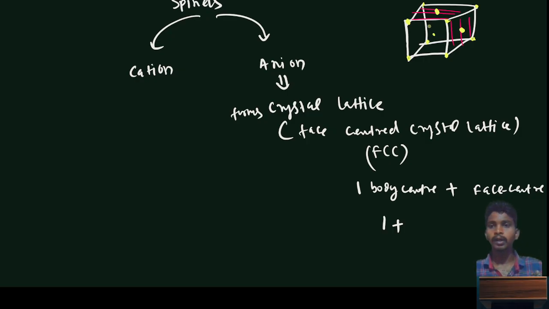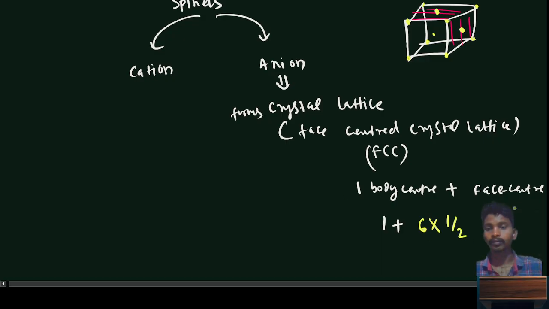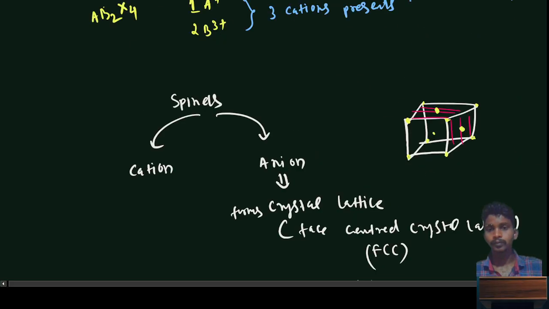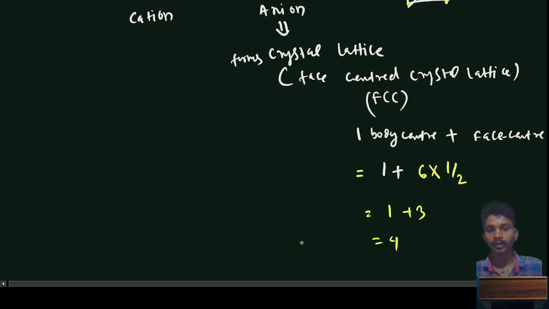So how many faces are there in total? Top and below are 2, the sides 2, that is 4, and back and front, that is 6. So 6 faces, and each contribution is 1 upon 2. So the total is 1 plus 3, that is 4. So for FCC we get 4.